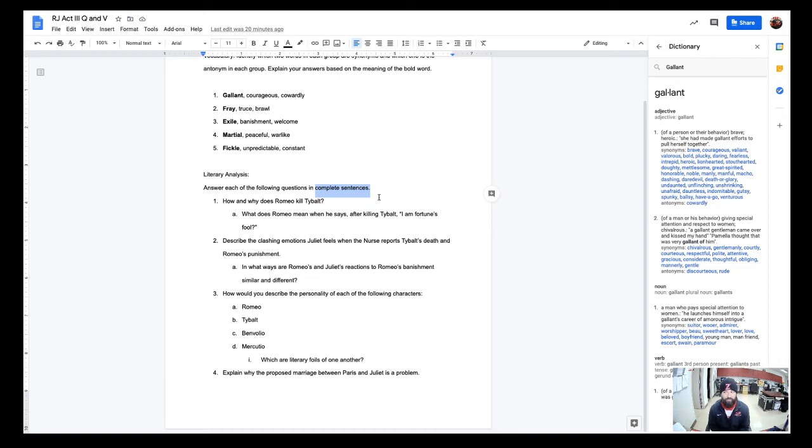So a lot of what we've been getting for how and why does Romeo kill Tibble is, because he was mad. I'll let you have the period, but most of the time it's without that. That's not a sentence.